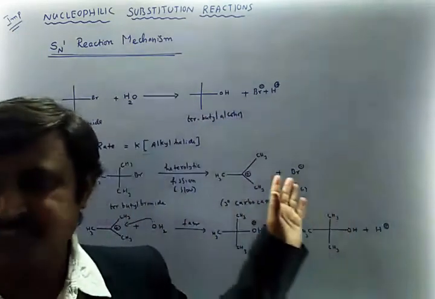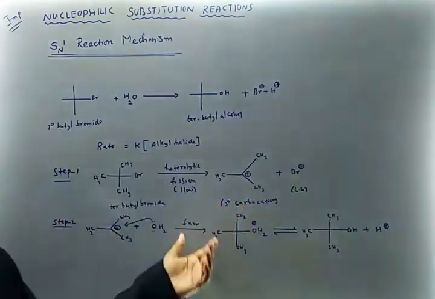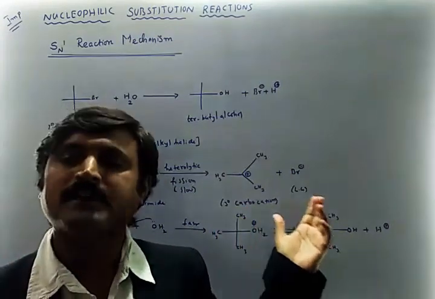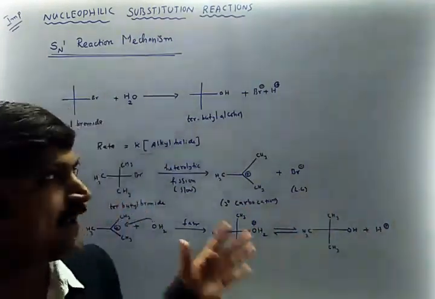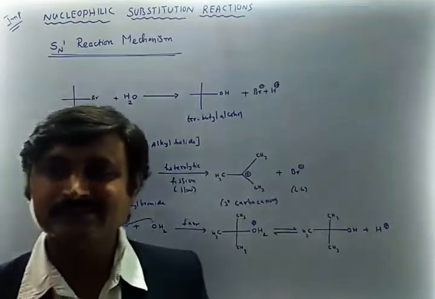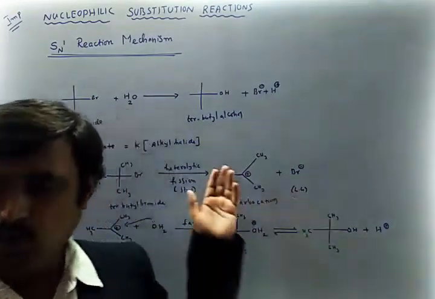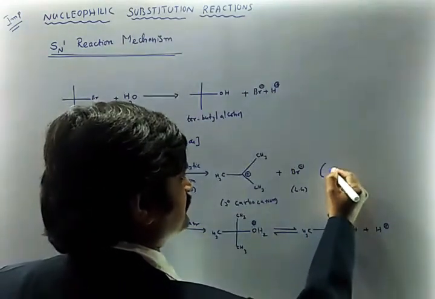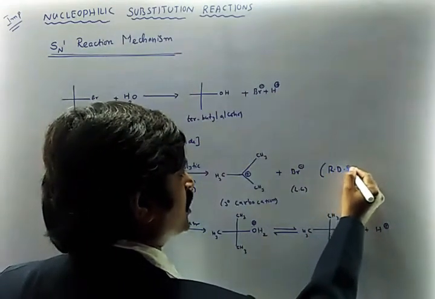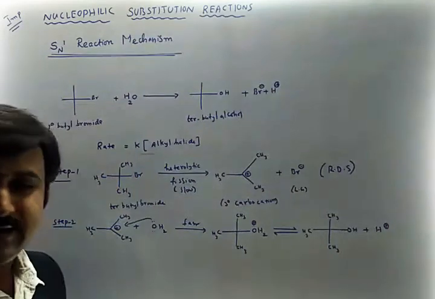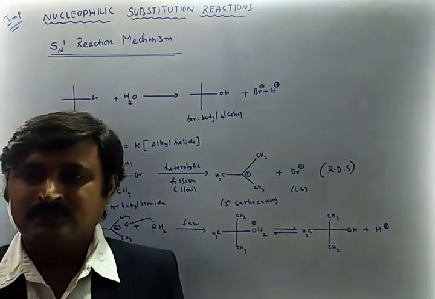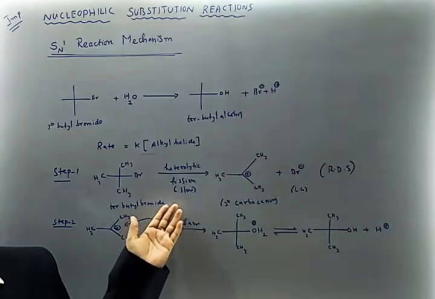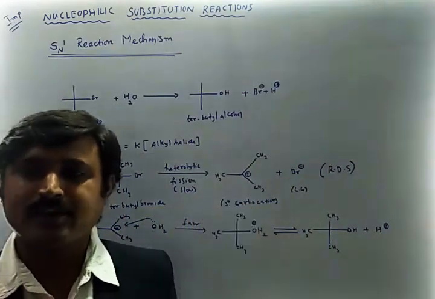From the above observations, the rate of an SN1 reaction depends only upon the concentration of RX, where RX means alkyl halide. We know that the first step is slow. This we will call the rate determining step, or RDS for short. Because the nucleophile is not involved in this rate determining step, its concentration has no effect on the rate of reaction.